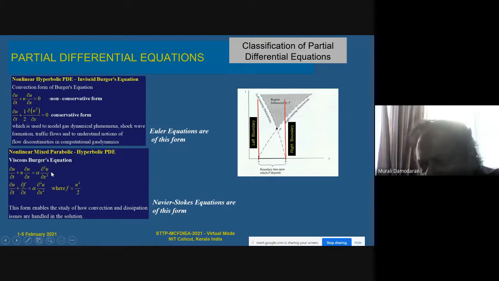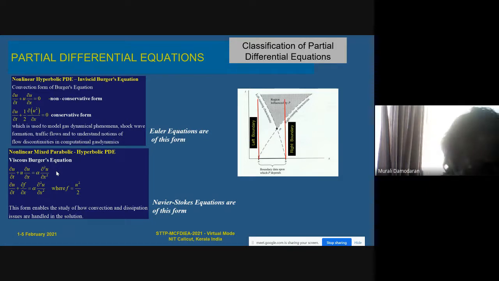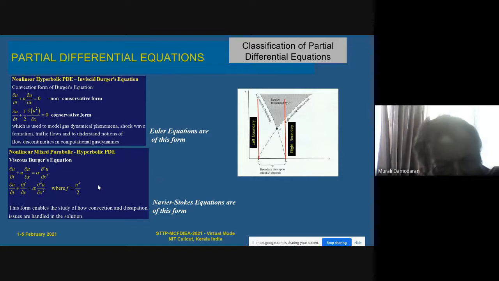Second derivatives and fourth derivatives in spatial coordinates are supposed to be dissipative. The third derivatives, fifth derivatives, they are meant to be dispersive. So dispersion and dissipation are also critical things to worry about when you are computing fluid dynamics problems.